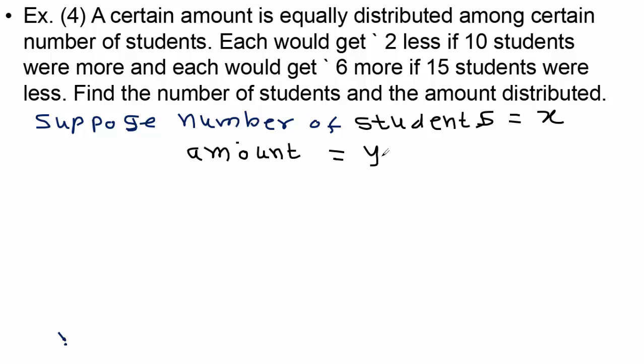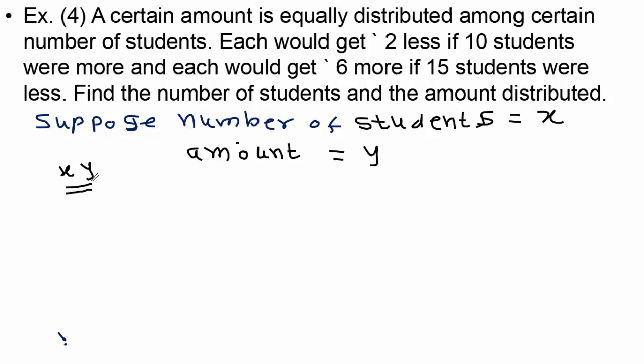Then what condition is given? Each would get 2 less if 10 students were more. If the number of students becomes more, then each will get less. Therefore, what amount do we have to distribute? We have to distribute y amount to x students. Therefore, we have total amount xy, x into y. This is the total amount we have to distribute.